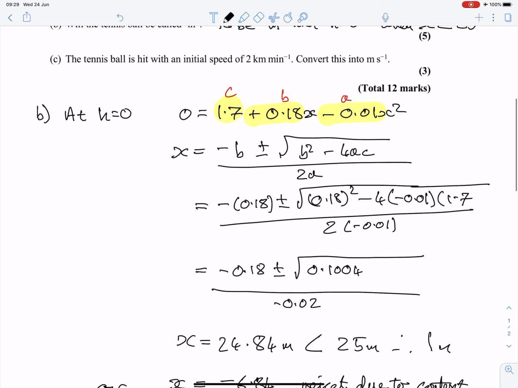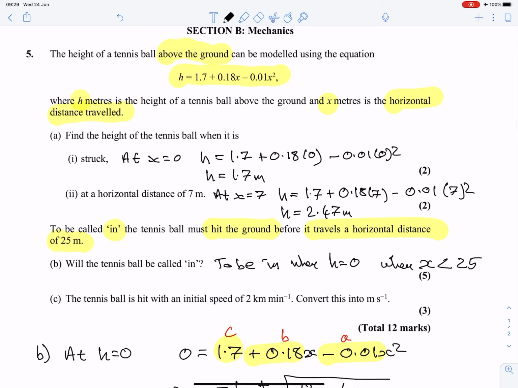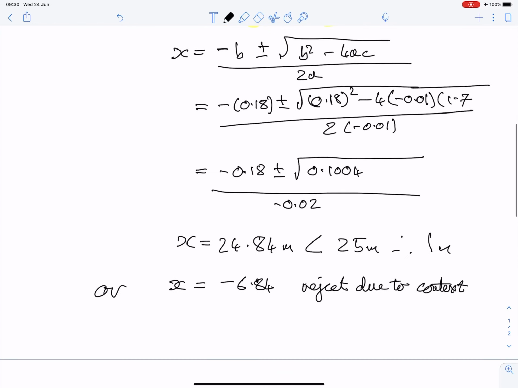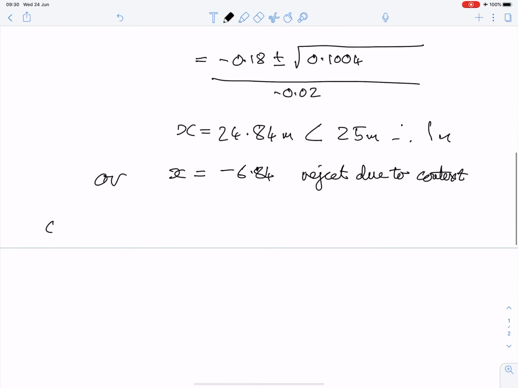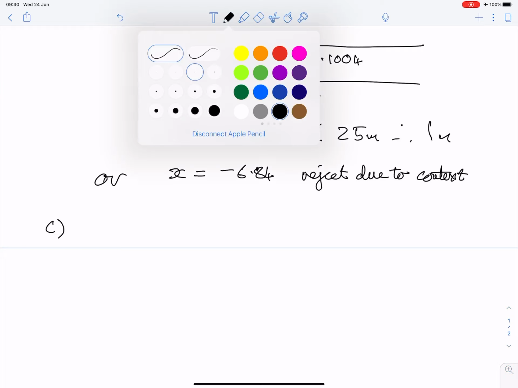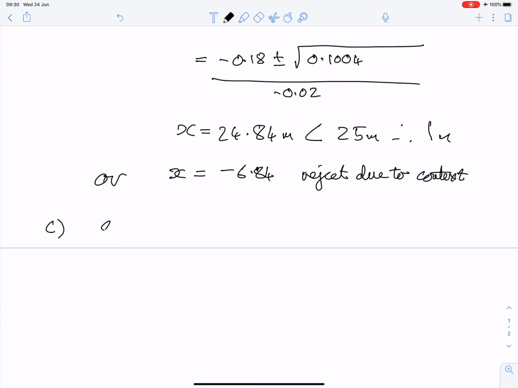Okay, going back, part C, the tennis ball is hit with initial speed of 2 kilometers per minute and we need to convert to meters per second. So part C, speed equals 2 kilometers per minute.